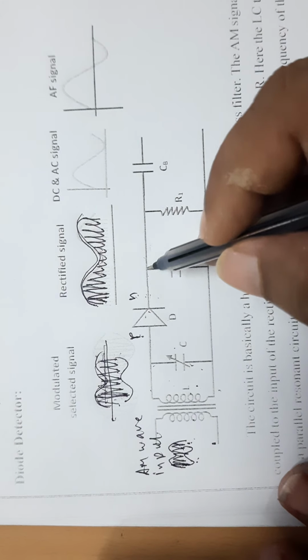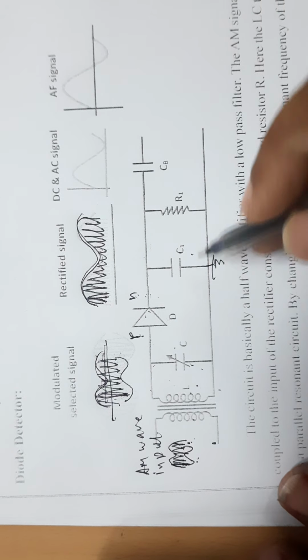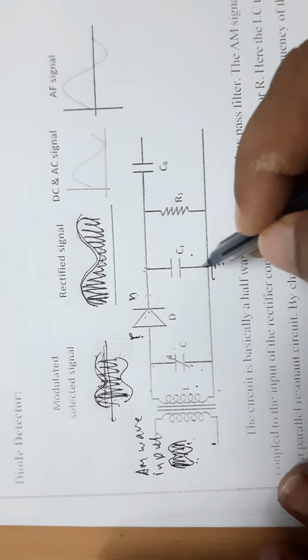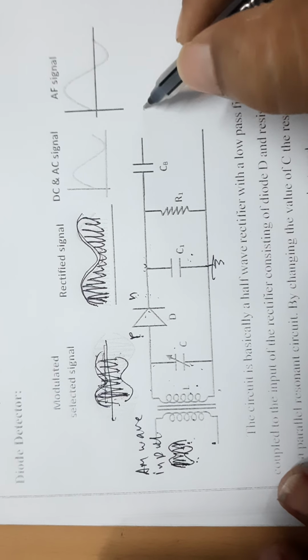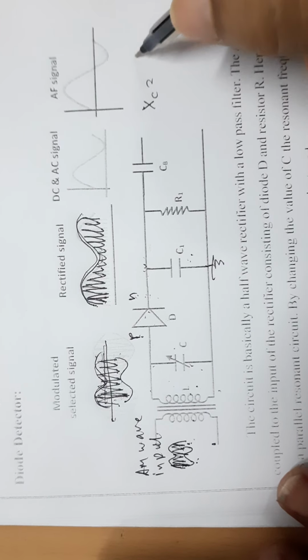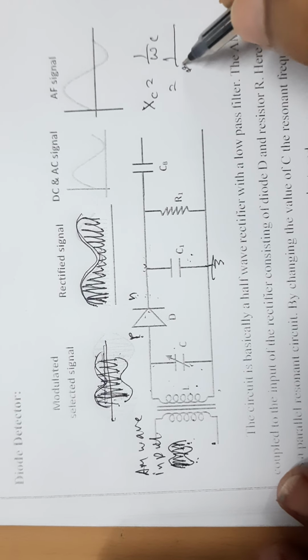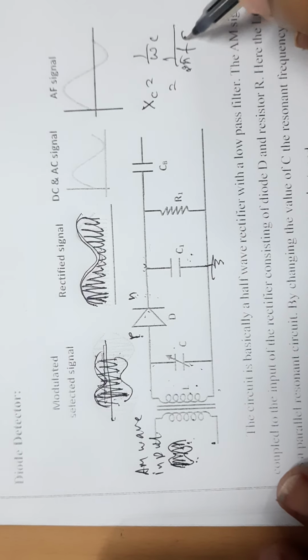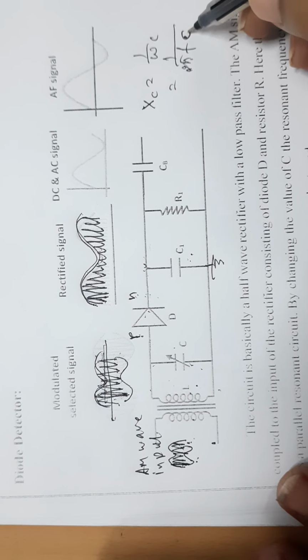For that we have connected a capacitor here, and this capacitor is grounded. We know that the reactance offered by the capacitor is represented as Xc, which is equal to 1 over omega C, that is 1 over 2 pi f C, where the value of capacitance C is fixed and 2 pi is constant.